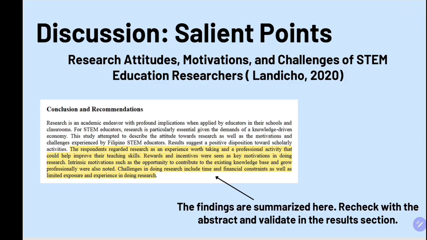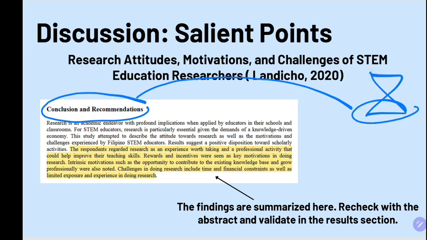In this paper by Landicho 2020, we notice that the discussion section, or the last part of the article, if you're referring to the IMRAD again, is labeled conclusions and recommendations. Again, we mentioned earlier that there could be several variations, but what will we look for?